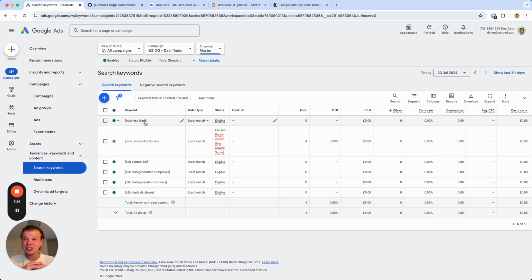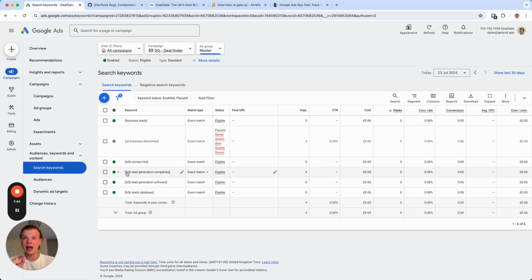Now, a lot of people actually complain and say this is negative and, oh my God, look at all this junk being put forward into my campaign. I'm getting all these types of completely irrelevant search terms. Of course, that is a problem. But the fact that Google's expanded their match types actually gives us the opportunity to have long tail keywords.